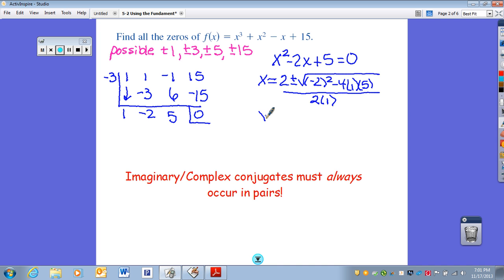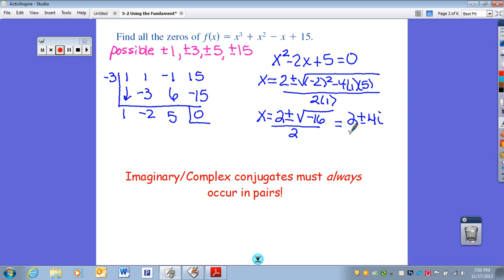So we have x is equal to 2 plus or minus, and if we take a look, this is going to be -2 squared will be 4 minus 20. So 4 minus 20 is going to give us -16, all divided by 2. That equals 2 plus or minus, remember the square root of 16 is 4 and the square root of -1 would be i.